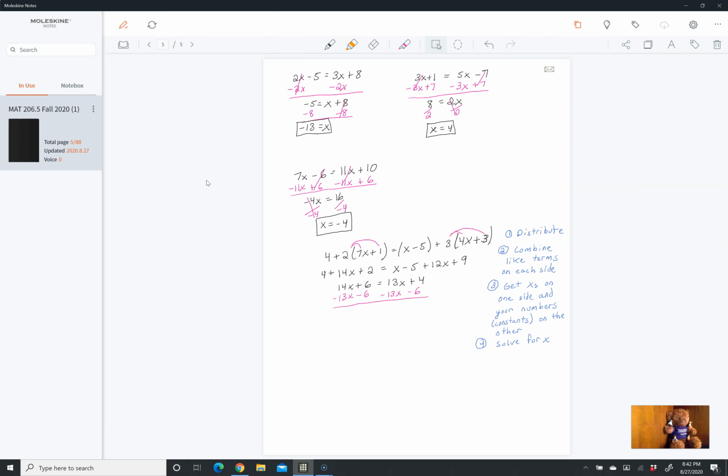And notice on the left, the 6 goes away, and on the right, the 13x goes away. And this is kind of nice because we don't have to do anything else, because what we get here is just x. So x is equal to 4 minus 6, or negative 2. And that's our final answer.